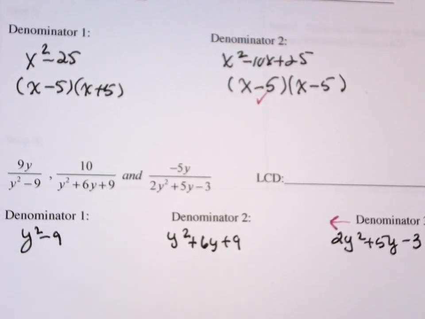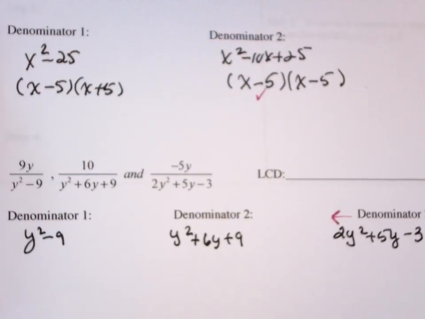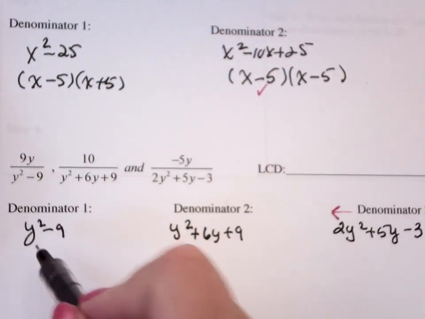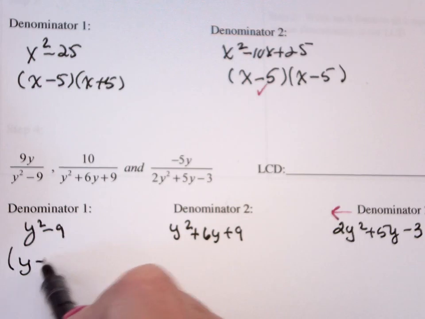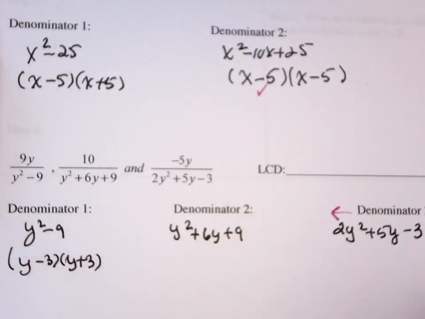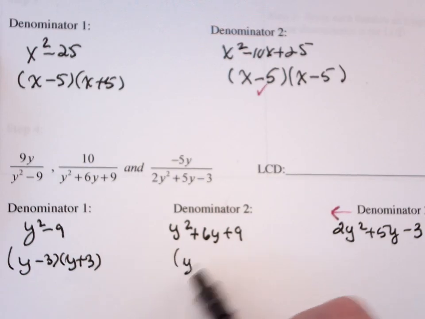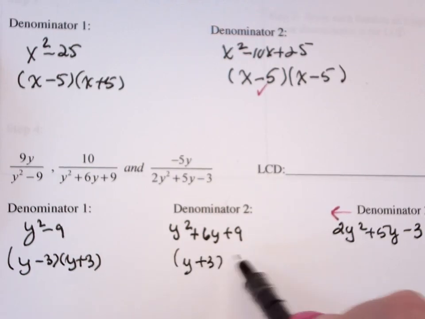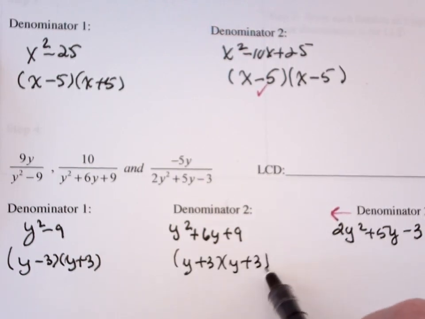Because there's going to be less and less of that as we move through. So you can put that on your list of things to work on. Well, this is just a difference of squares, so it's y minus 3, y plus 3. And this is y plus 3, y plus 3.